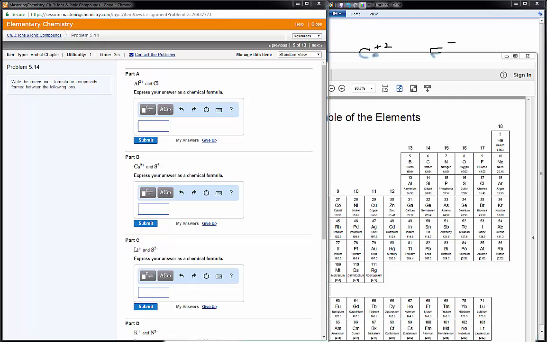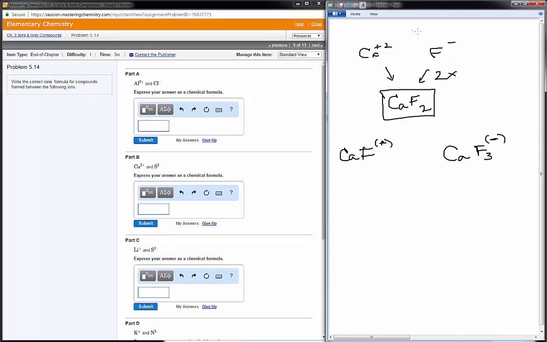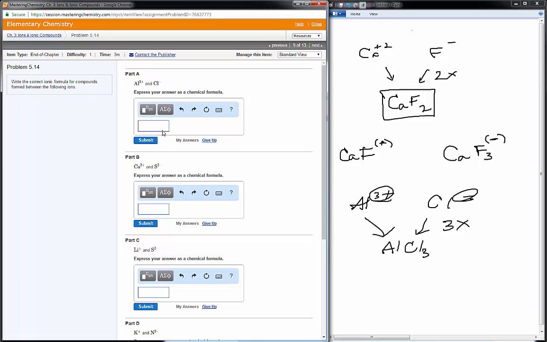All right, so for this problem, we're forming ionic compounds, and again, they give us the ions with the charges, and the whole point is to cancel those charges out. So for example, if we have Al3+ and Cl-, then we have 3 positive charges and 1 negative charge. I'm going to need 3 of those in order to balance one of these. So if I put that together, it will have the formula AlCl3.